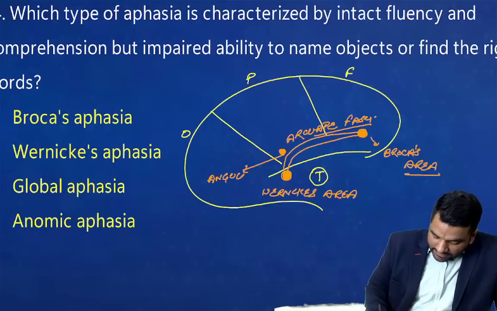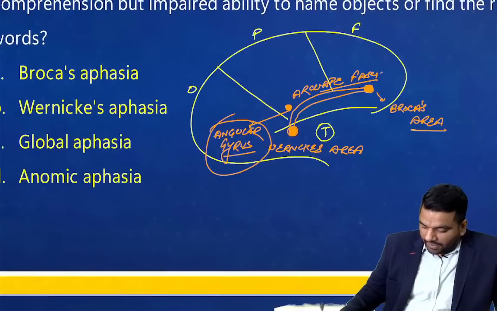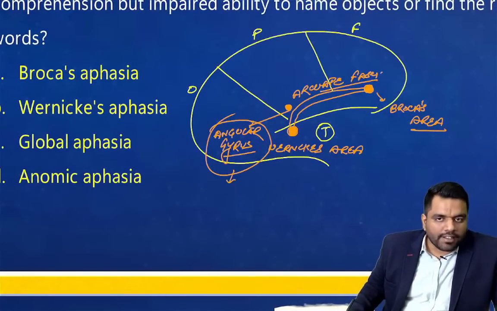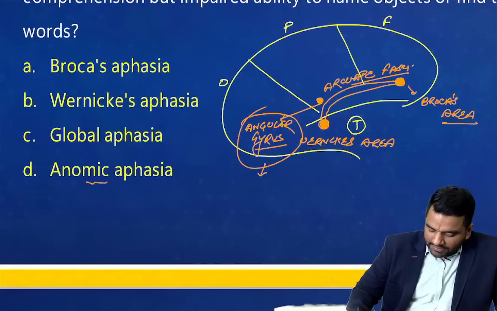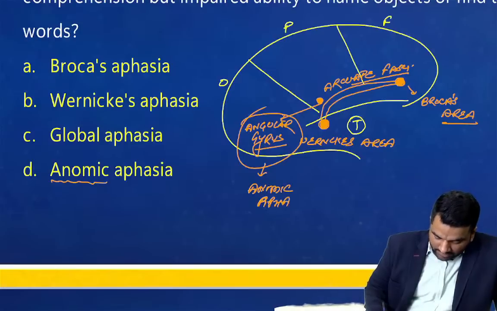When you name any particular word, this is due to the area called the angular gyrus. And if this area is damaged, beta, you can't properly name the object, and this we call anomic aphasia.